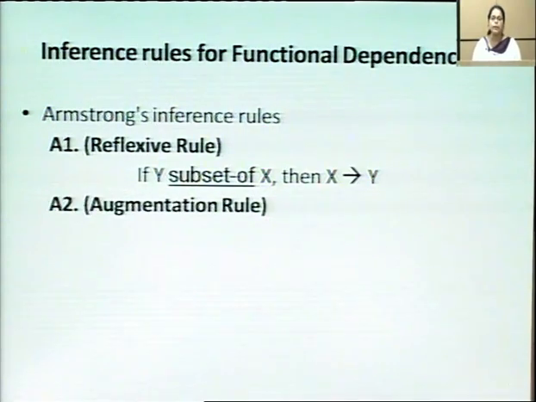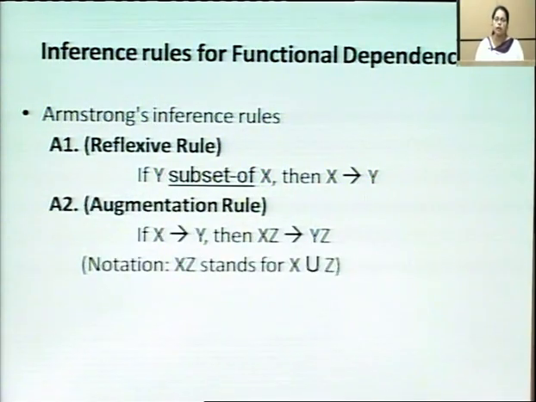The second one is the augmentation rule. It says that if X functionally determines Y, then X union Z will functionally determine Y union Z. That means on the left-hand side and the right-hand side we can append a new set of attributes, and that functional dependency will also hold.